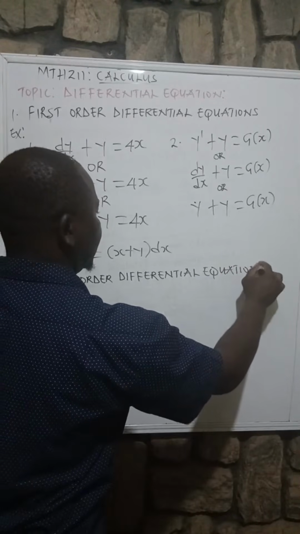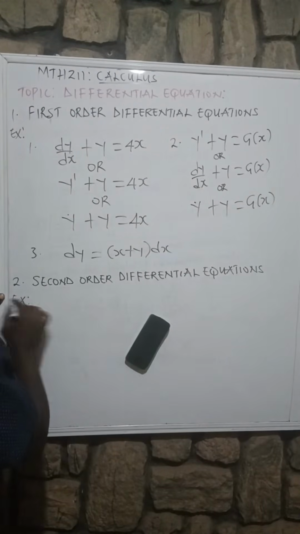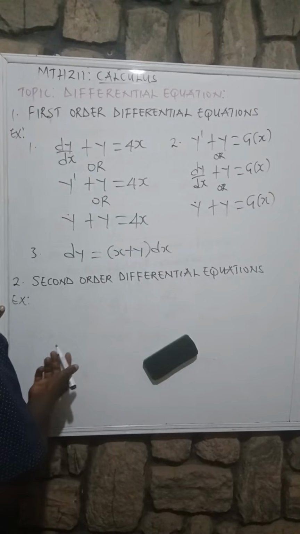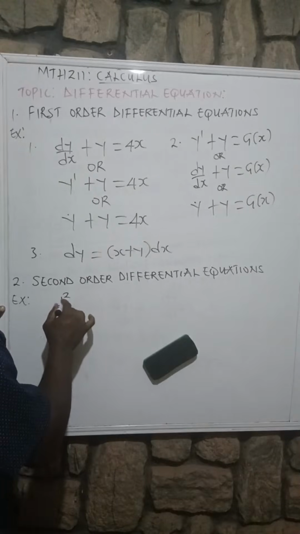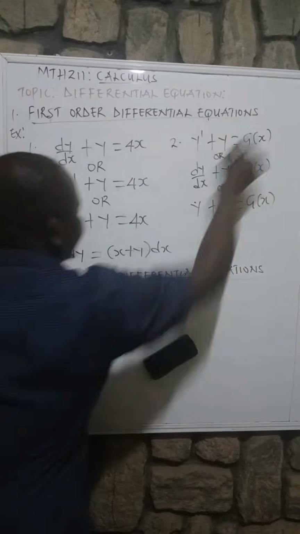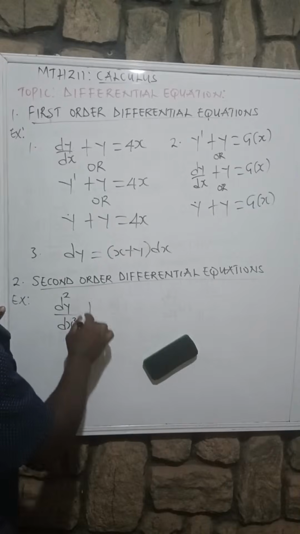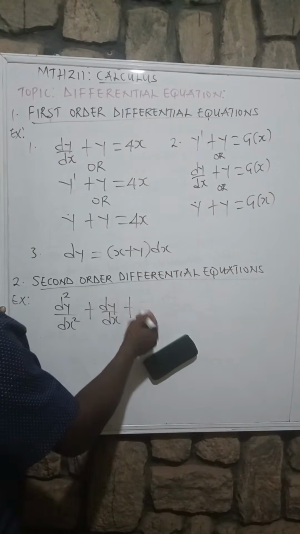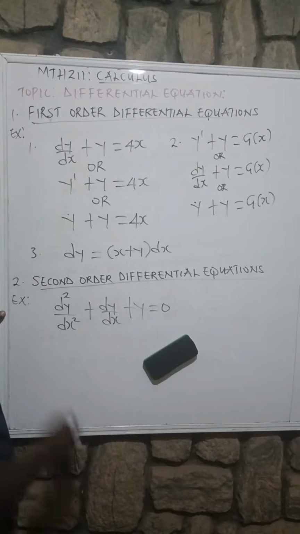Agree with me that examples are: 1. Whenever you see d squared y all over dx squared plus dy all over dx plus y equals 0, that is example 1.